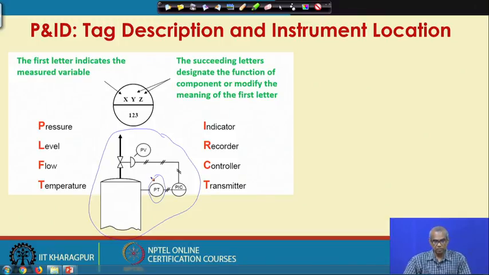Within a circle, what is written is PT. These two letters indicate what kind of sensor this is. P stands for pressure and T stands for transmitter. So, this is a pressure transmitter.